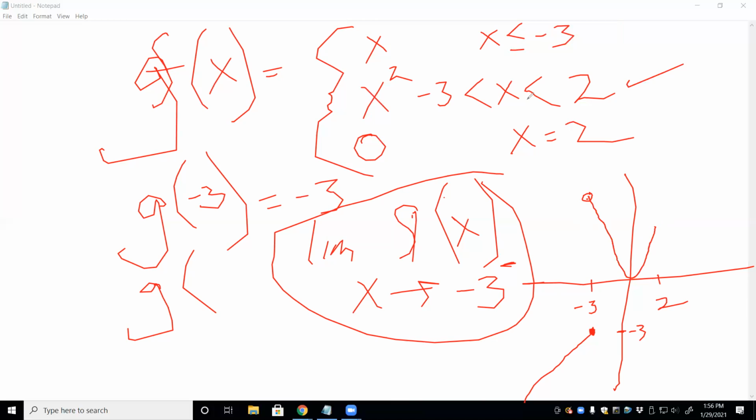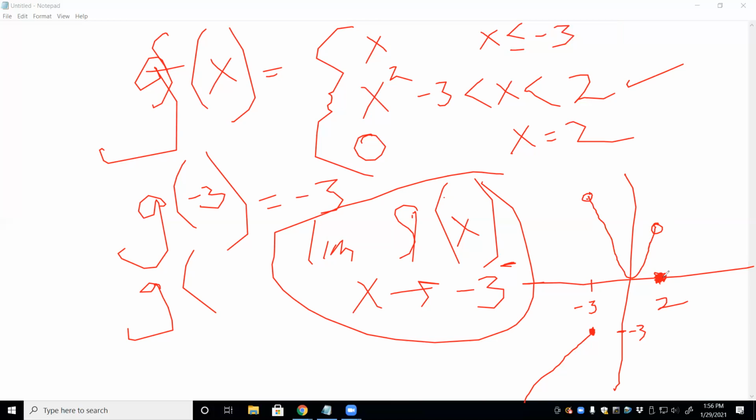Since there's no equals on either one of those, it's open on each end. In other words, all I'm going to do is graph a parabola between -3 and 2. And then it says that at x equals 2, it's actually equal to 0. So there is our piecewise function.